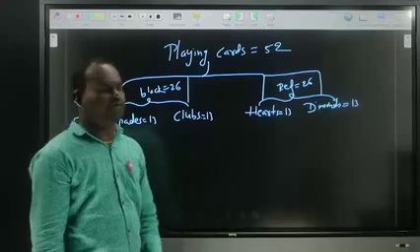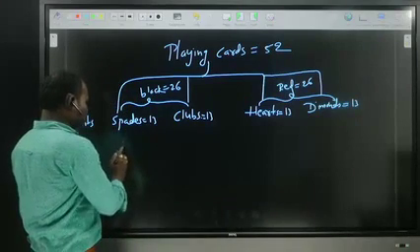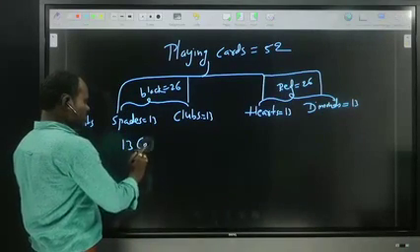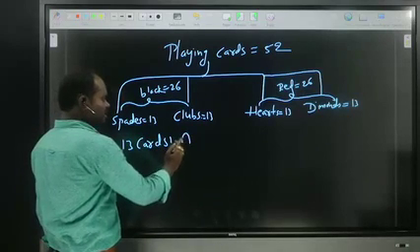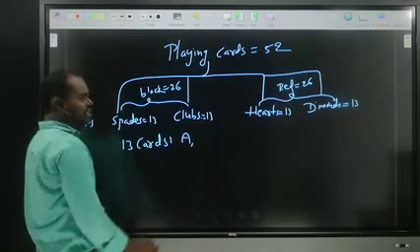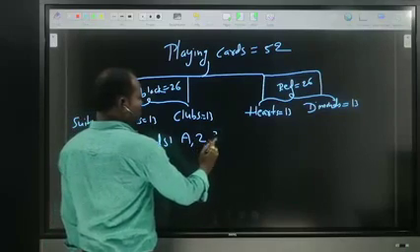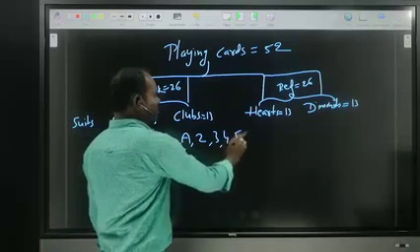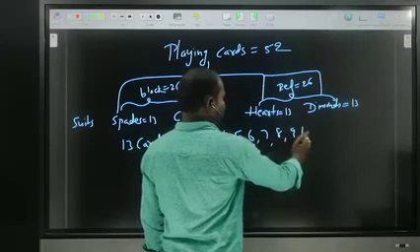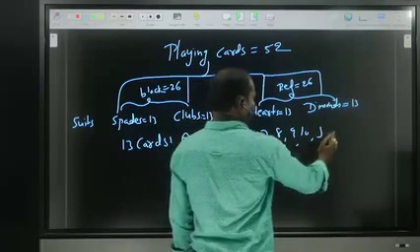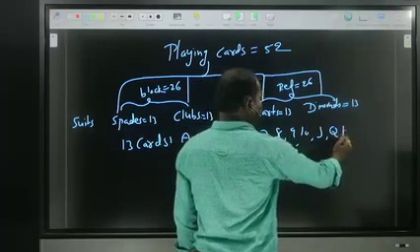Overall 52. What are the 13 cards? Ace, 2, 3, 4, 5, 6, 7, 8, 9, 10, Jack, Queen, King.